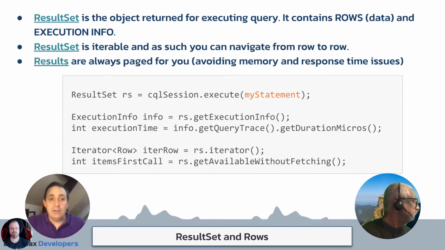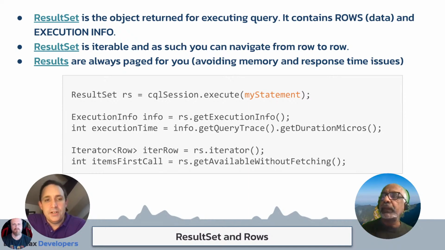All right, so now you execute your statement. What you will get as a result is, surprise, a result set. In this result set, two big parts. The first part is all the metadata. How much time did my query take? What is the log? You get all the execution info.